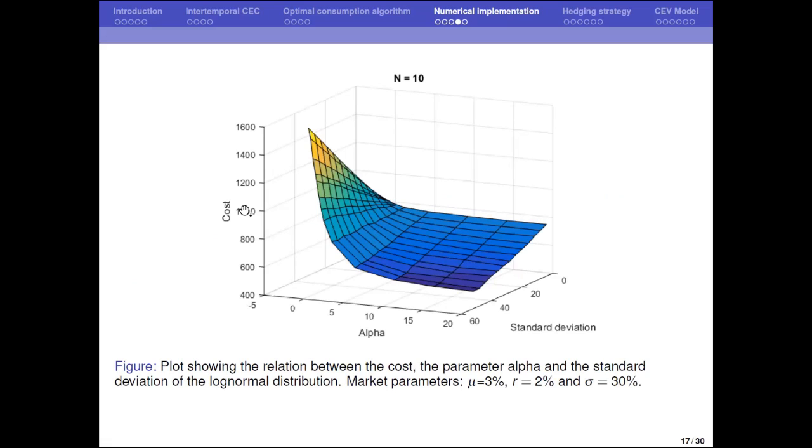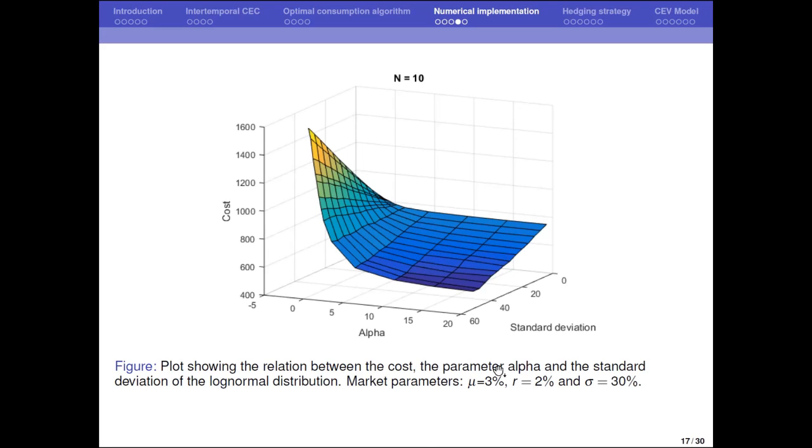Okay, what have we here? Here I plotted the relation between the cost, the parameter alpha, that is the parameter of the Clayton Copula, and the standard deviation of the log normal distribution. This is the standard deviation, but not the sigma parameter, just to be clear.